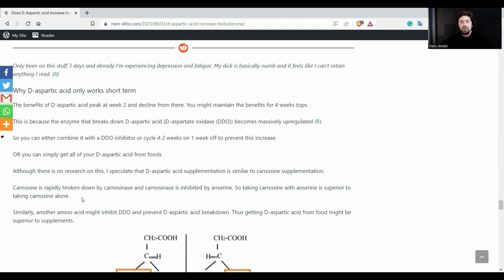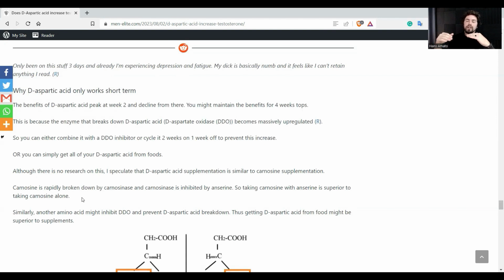But let's use another example, all right? You have carnosine, which is a dipeptide. When you use carnosine alone, the enzyme carnosinase quickly breaks it down, so you don't actually increase your tissue levels of carnosine when you supplement it. But the other dipeptide, anserine, inhibits the enzyme carnosinase.